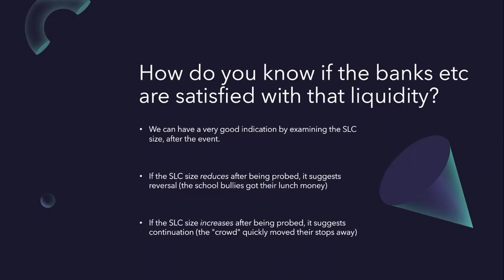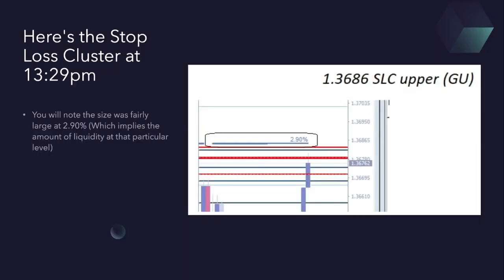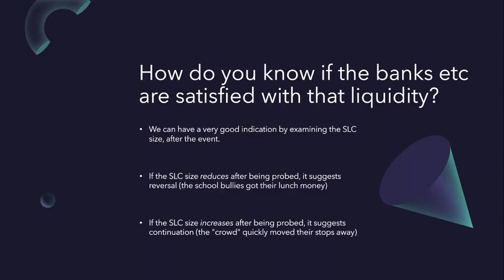The crowd quickly moved their stops away. So if this number got smaller, then it's job done, and the banks just walk away laughing. Retail guys suffer, and that's a likely indication of reversal because the size got smaller. That's the theory.